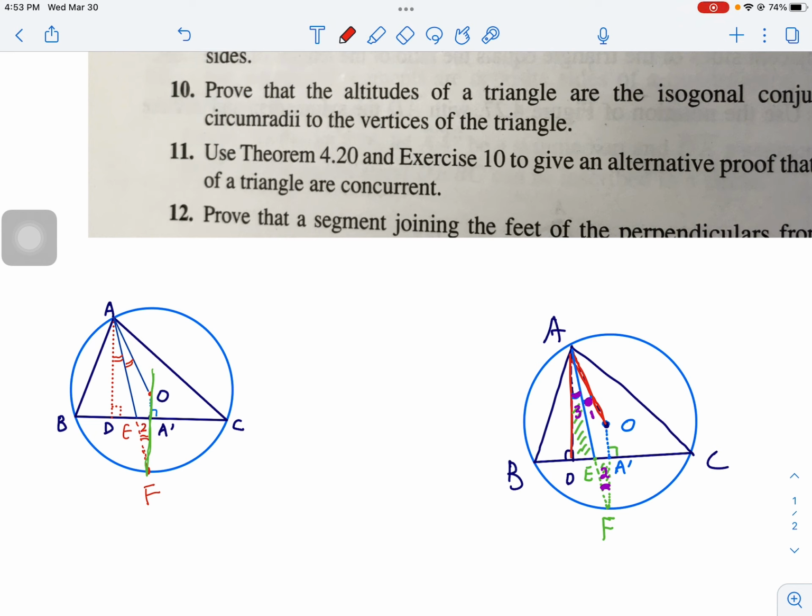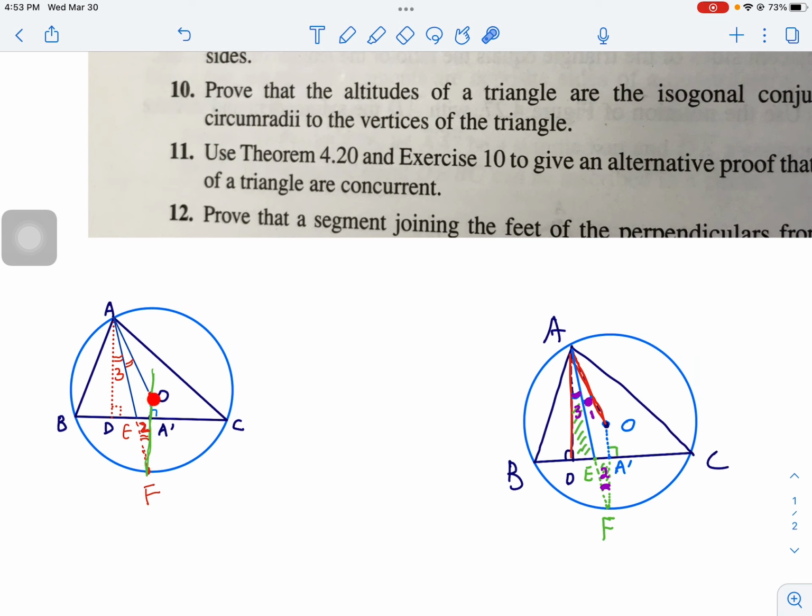Once you know they're parallel, you know these two angles are equal. I say this is my angle 2, this is angle 3. Then these two angles are equal. And in this triangle AOF, AO and OF are the circumradii.